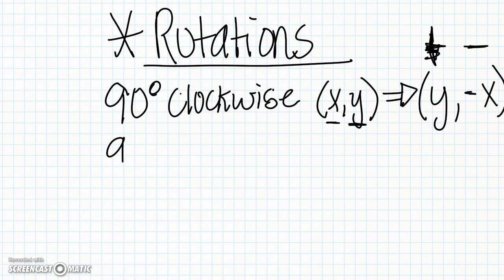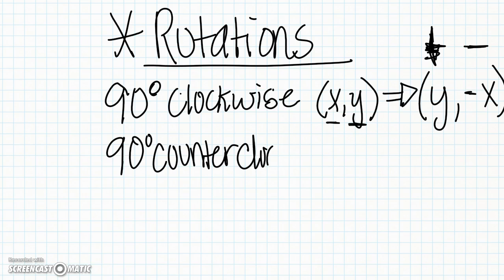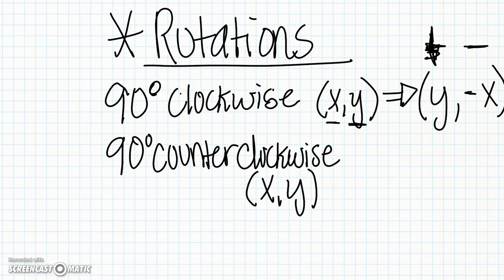Now, for 90 degrees counterclockwise, it's the opposite. You'll start off with x comma y, and it will change to negative y comma x. You still have to flip your x and your y, but you're negating your y.